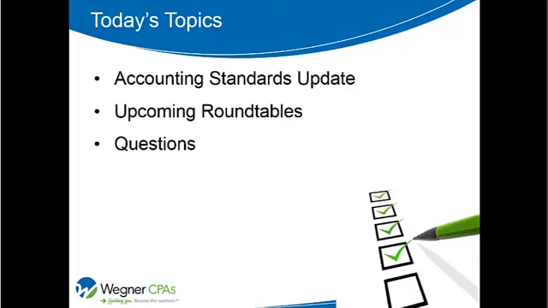2 are informational. One is the summary of the accounting standard updates issued since October 2017. This shows you all of the accounting standards updates that have been issued since our last roundtable relating to the accounting updates. This is mainly just for you to glance through and see if there's any other updates that might impact your entity that we don't talk about today.